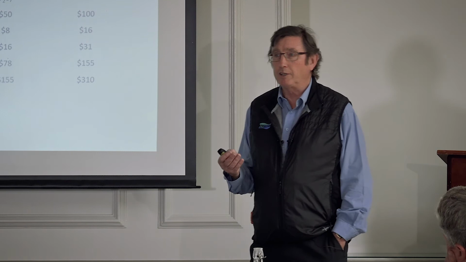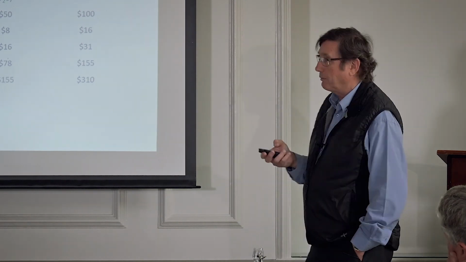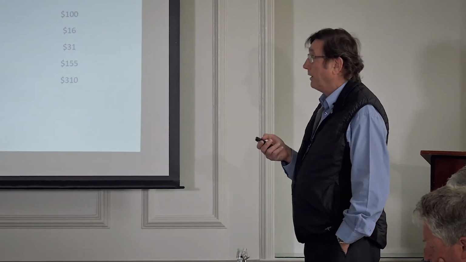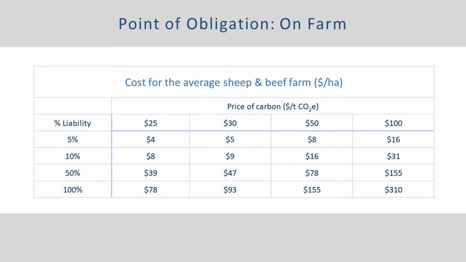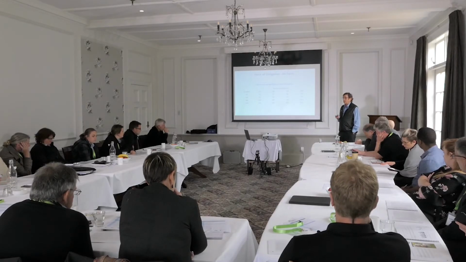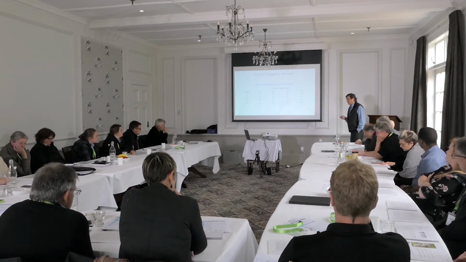Once you tell me what the allocation approach is, I can adjust accordingly, but we'll stick with this for the time being. So the idea here is the farmer's liable for their emissions, and the figures here are based on no offsetting and all that sort of jazz, depending on what the farmer does. So they would have to stand in the market and buy NZUs to cover their emission cost.